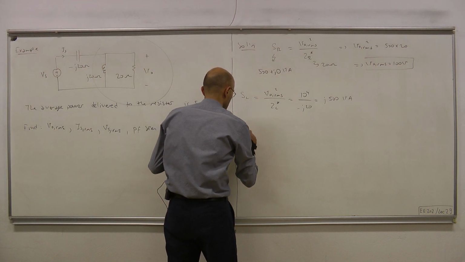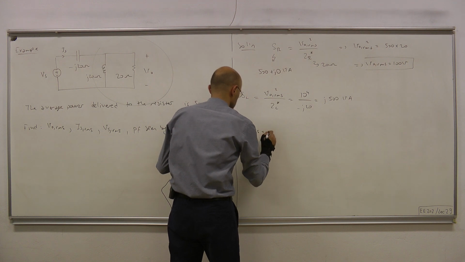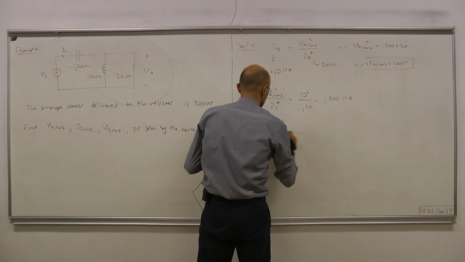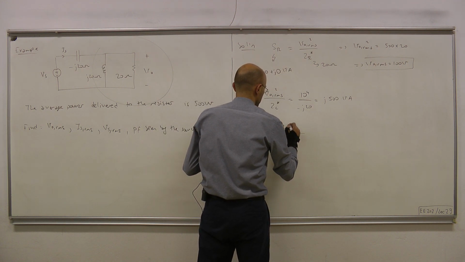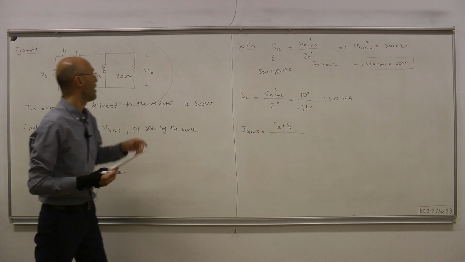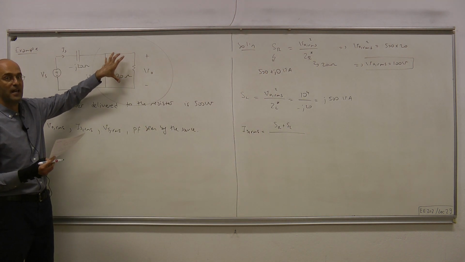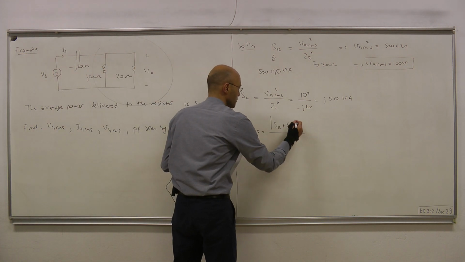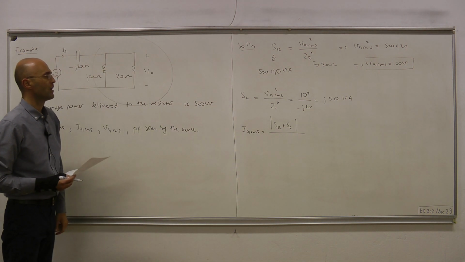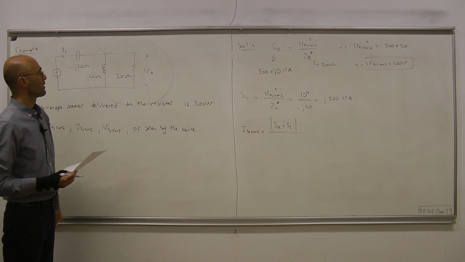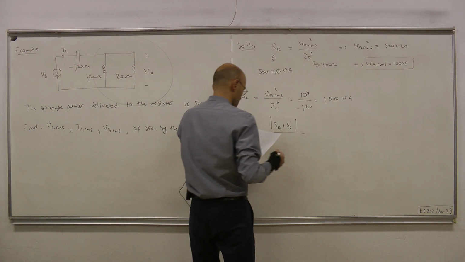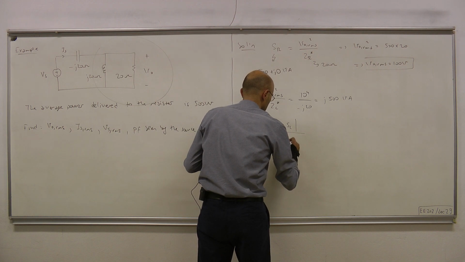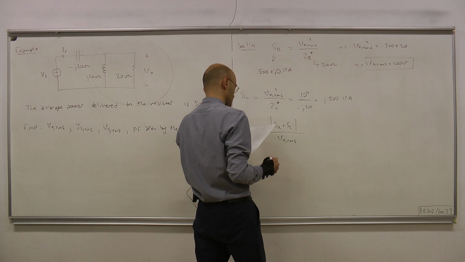Okay, so IS RMS therefore equals the apparent power of this combination, which is the magnitude of SR plus SL, over the RMS value of the voltage, V out RMS.